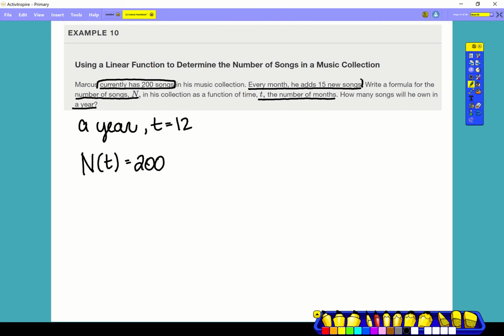So it says he adds 15 new songs every month. So we're going to add those 15 new songs times t, because every month he gets 15. So in 2 months he'll have 30, in 3 months he'll have 45, in 4 months he'll have 60, plus the 200 he originally had. Now we have an equation. So if you had only identified the initial values first, then this would be your m, and this would be your b. And we can certainly write it as something a little more friendly that we would recognize.